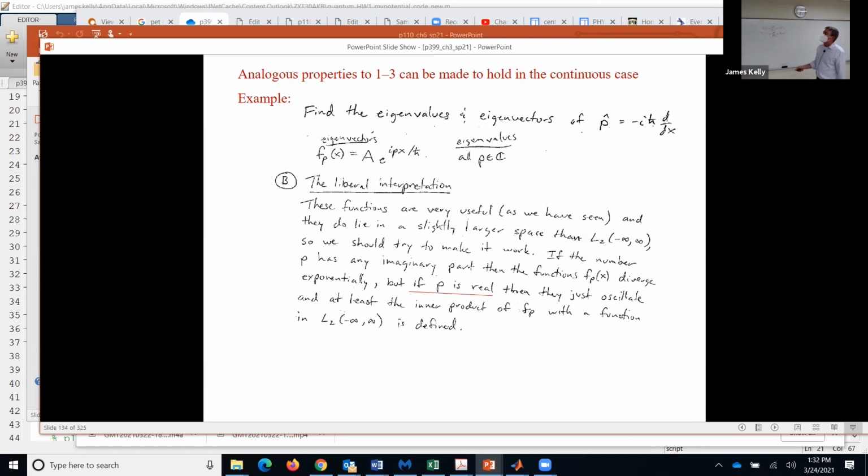Now, we've observed by thinking about what happens if P becomes complex. If P has any imaginary part to it at all. In other words, if P is not real, maybe it's worth drawing this on the board.